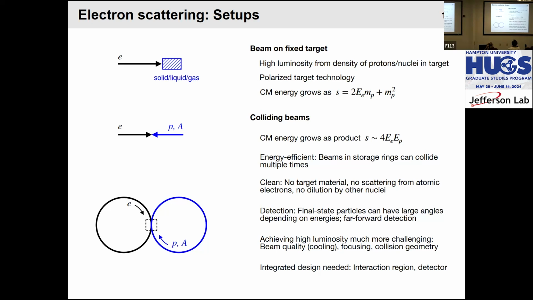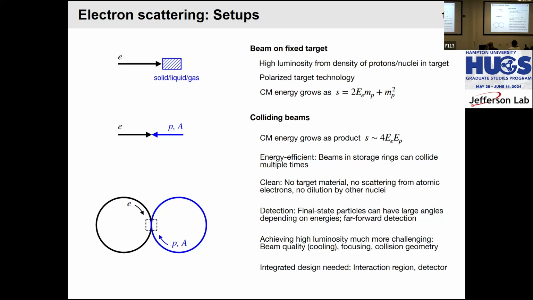Imagine you do some high Q-squared scattering, and then your electron and your recoiling hadronic system can actually emerge at large angles, of the order of 90 degrees, in the detector. Whereas in fixed target, as you understand, everything becomes very forward boosted at some point.